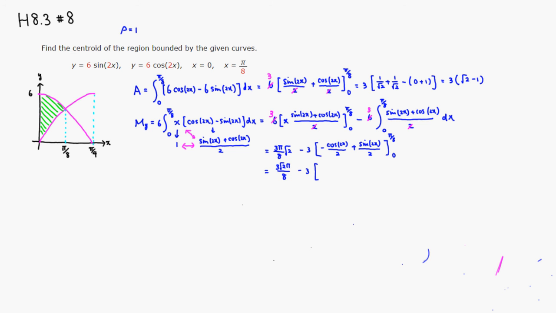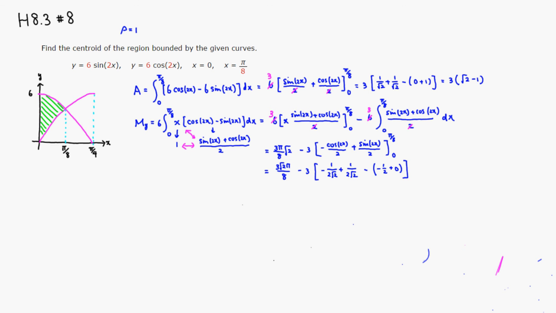Cosine of pi over 4 is 1 over square root of 2, divided by 2, so it's negative 1 over 2 square root of 2. Plus sine of pi over 4, which is 1 over 2 square root of 2. Minus, if you plug in 0, cosine of 0 is 1, so it's negative 1/2. And sine of 0 is 0, so that's 0.